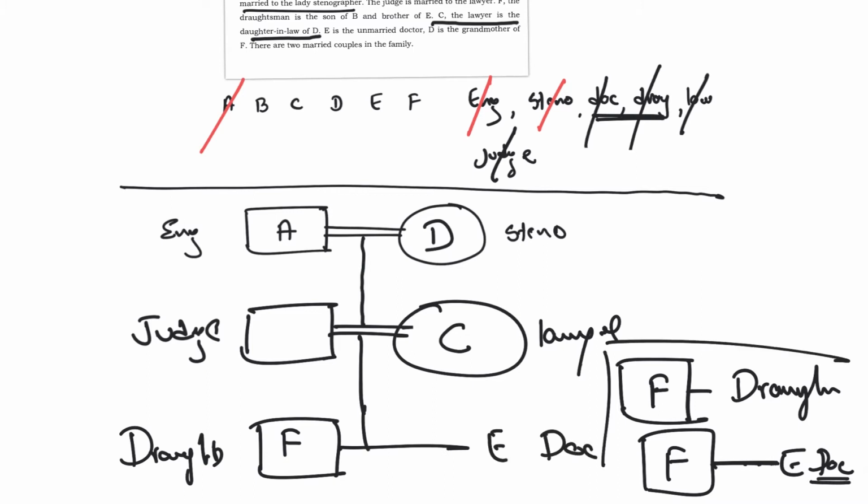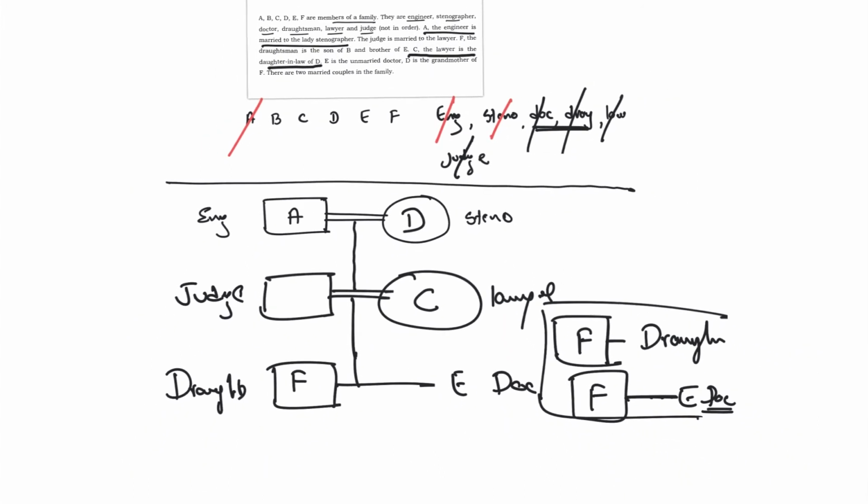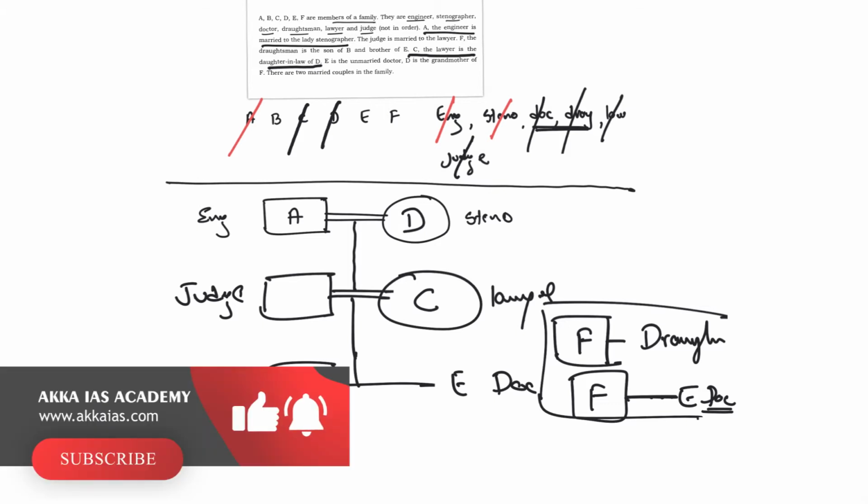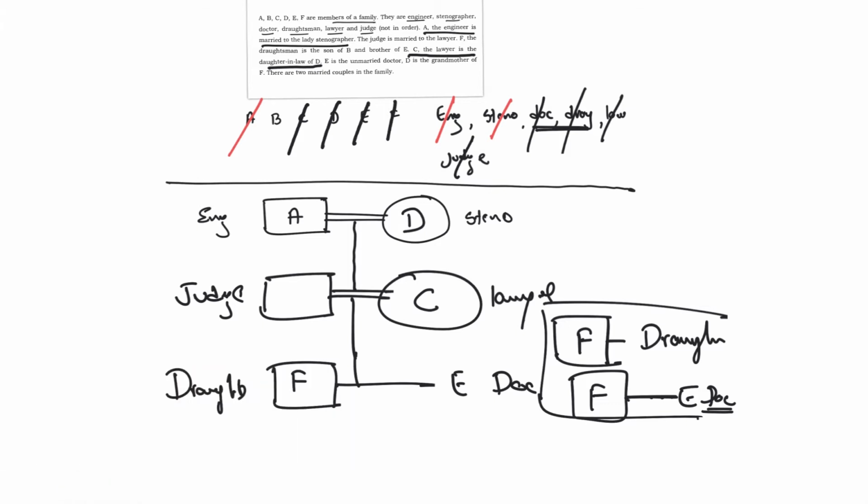So almost all the references we got. A is not there, and C we got, D also we got, and E and F we got. So B is remaining and judge is remaining, so obviously B will be placed here, my dear friends. So this will be the figure, and there are 2 married couples in the family.